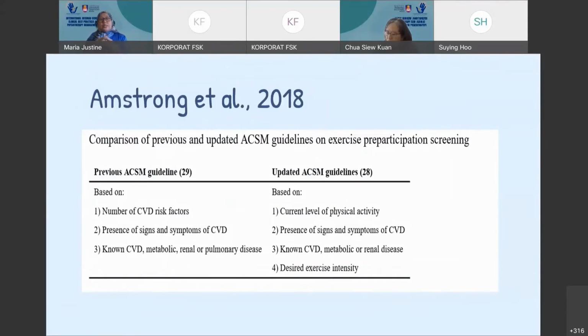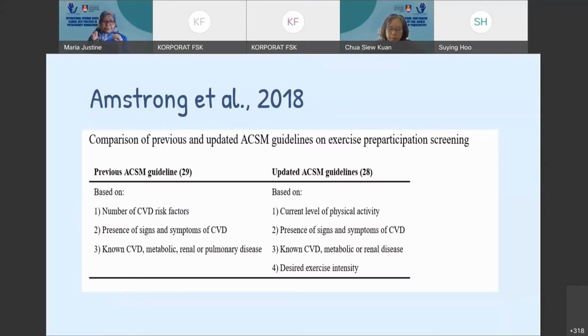All right, so this is what I found in Armstrong et al. 2018. They compare the previous and updated ACSM. Look at this, the old one and the new one. In the new one, they have added the current level of physical activity. The old one looked at the number of CVD risk factors that include age, body weight, cholesterol, and a few other risk factors, and the presence of signs and symptoms of CVD and non-CVD metabolic, renal, or pulmonary diseases.